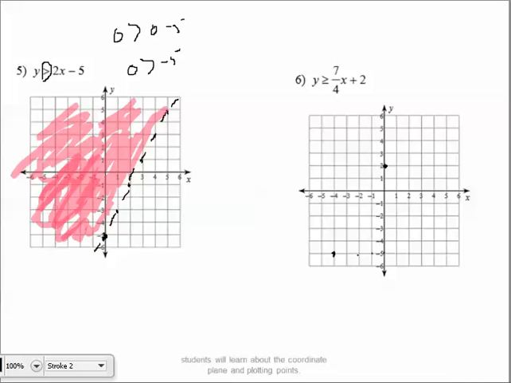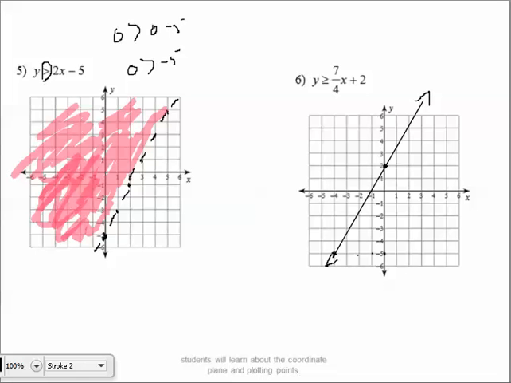So using two negatives works here: going down 7 and over to the left 4 gives me the same line as going up 7 and over 4. Okay? So I'm going to draw my line between these 2 points. It goes like that, and I put my arrows on the end of it. And it is a greater than or equal to, so it's a solid line.